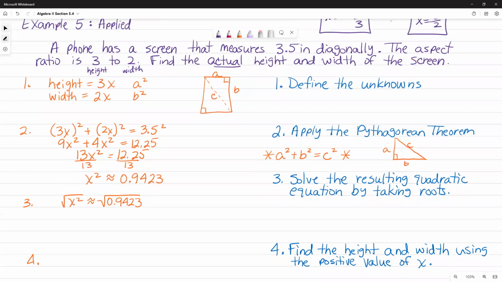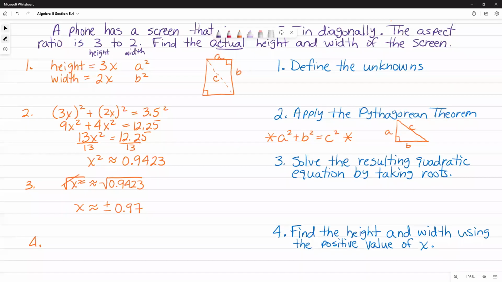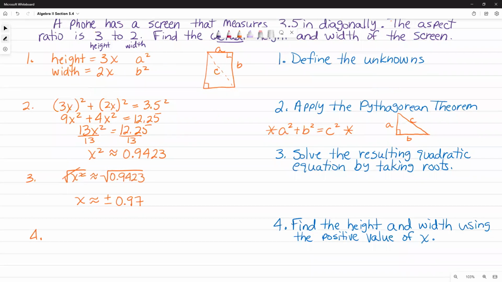And in this case, we will go ahead and solve the square root using up to the 100th place. So these cancel each other out, and we get x is approximately plus or minus 0.97. I think it's like 0.968 something. And so you just round it up.